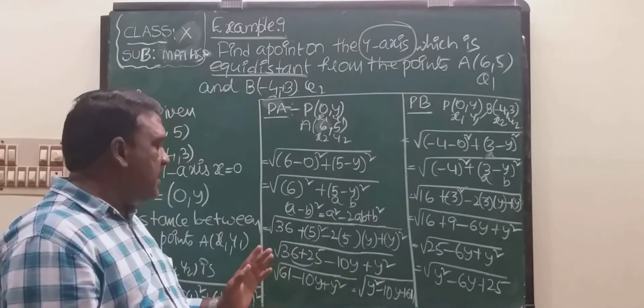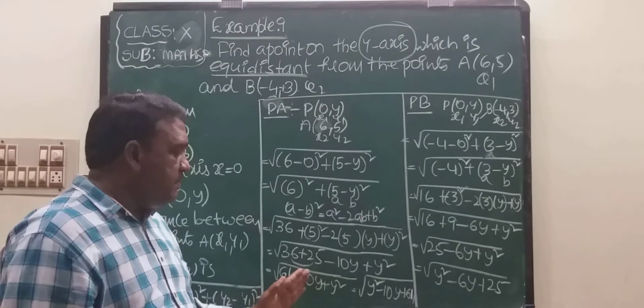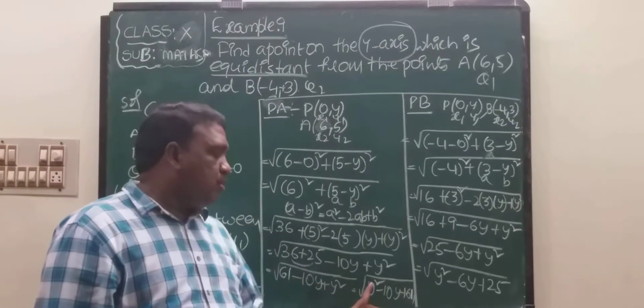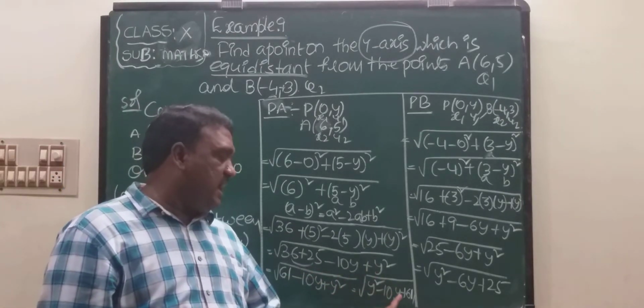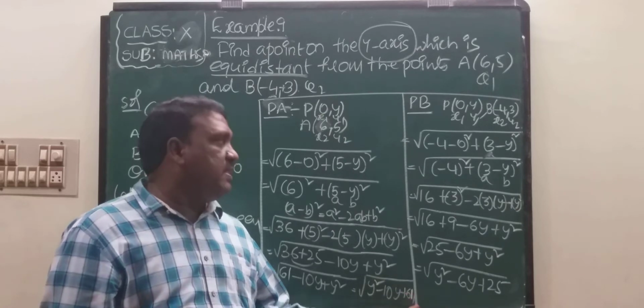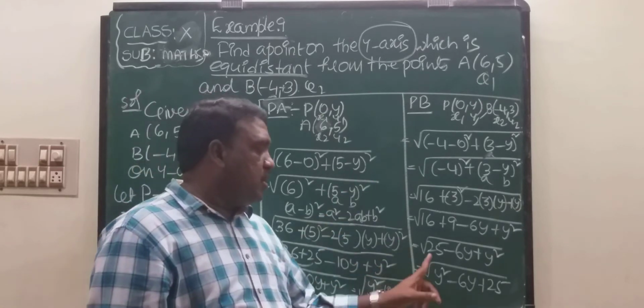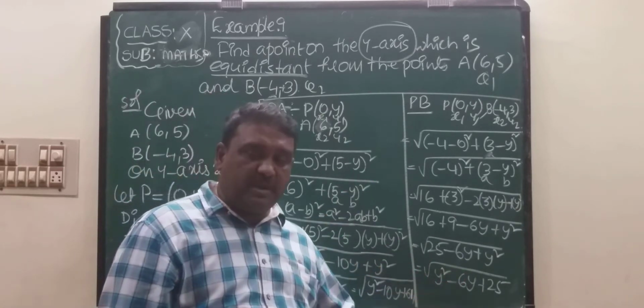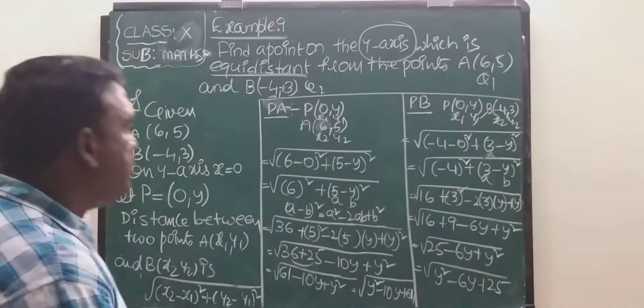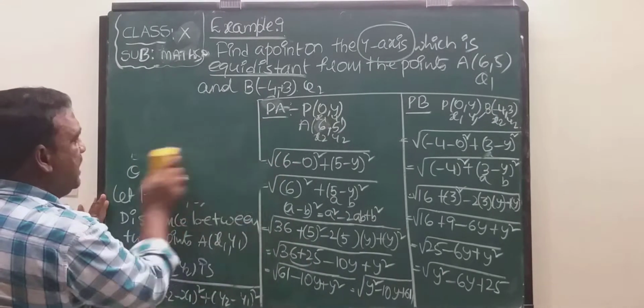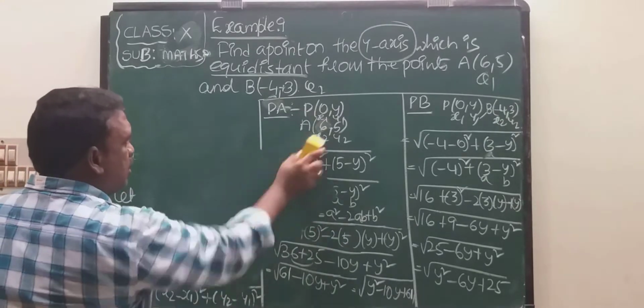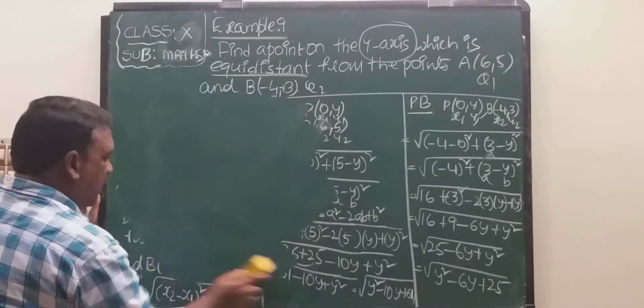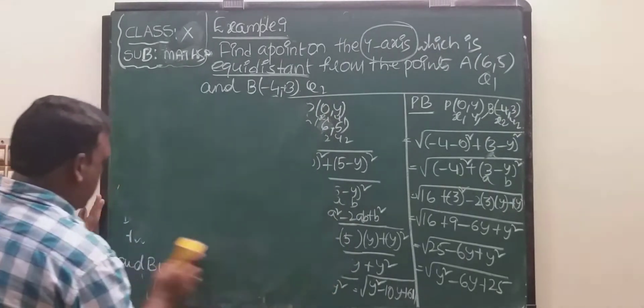So PA completed, PB completed. PA is root of y square minus 10y plus 61. PB is root of y square minus 6y plus 25. Then what we know? Both are equal, equidistant.